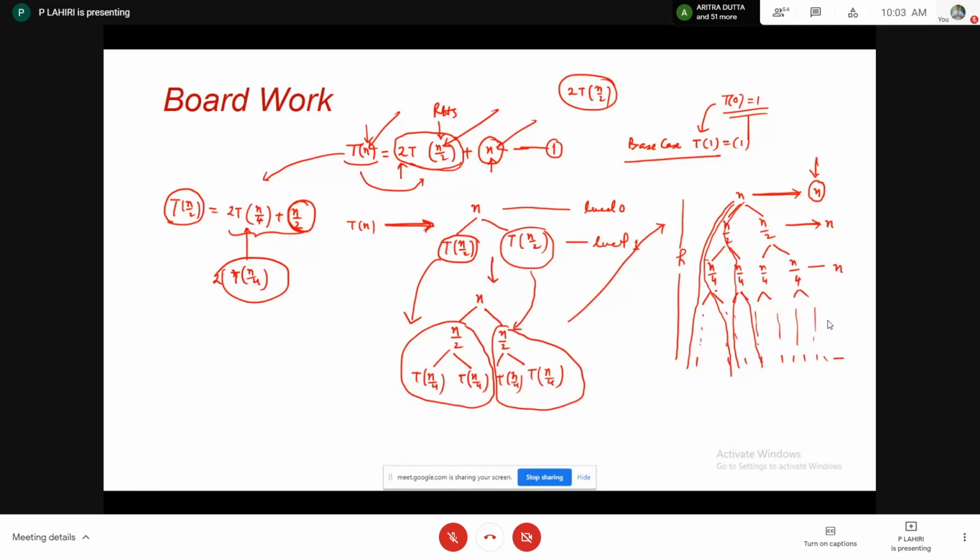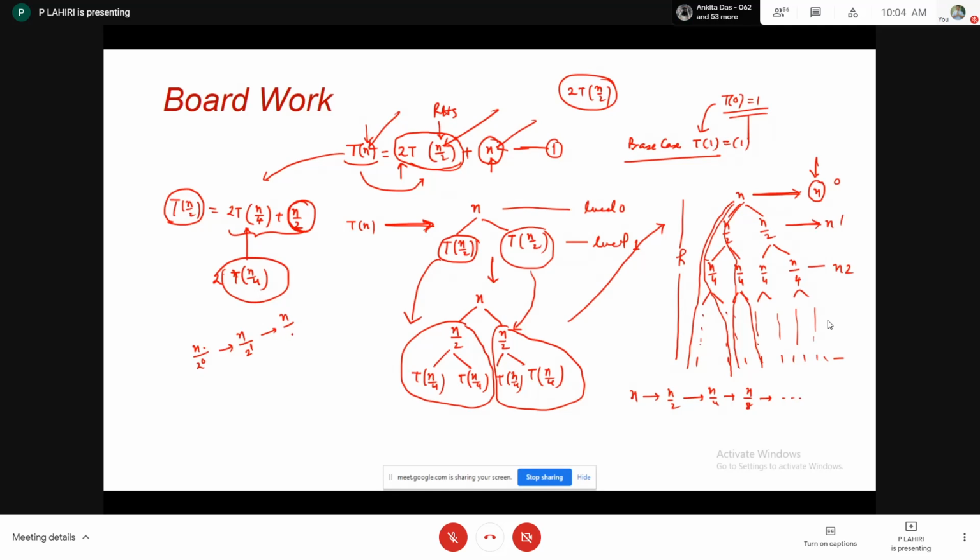So now you see that you are covering the path as n, then n by 2, then n by 4, then what is expected? N by 8. In this way, you can cover it up to each level. Is it so? Okay. So, is it written as n divided by 2 to the power 0? That means 2 to the power level number. Then n by 2 can be expressed as n by 2 to the power 1.